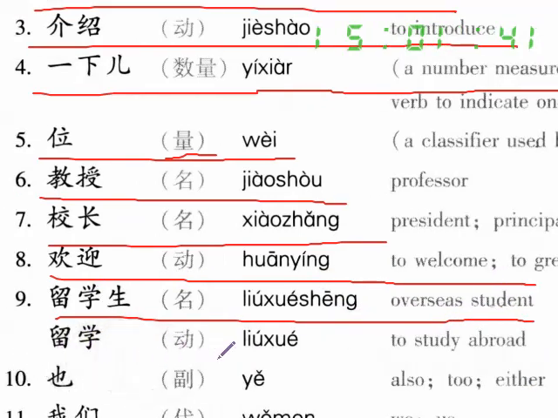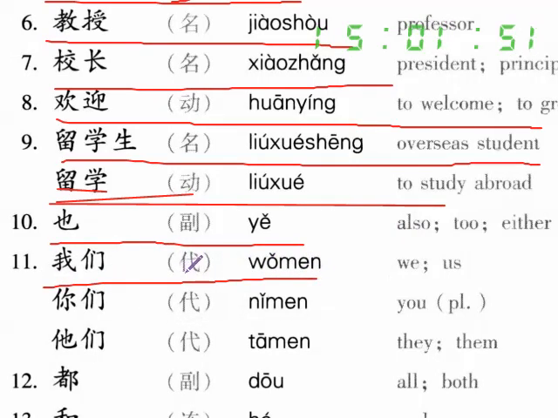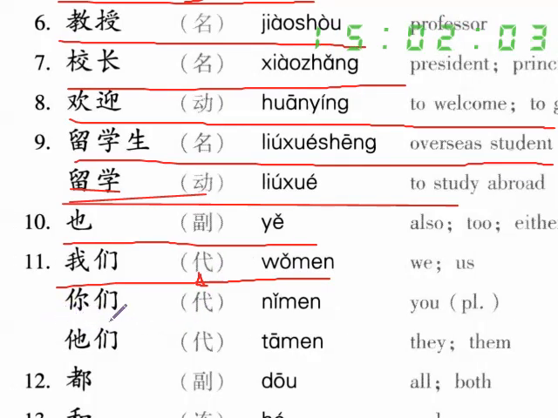Overseas student 留学生。我们 this is called 代词, you know it's pronoun for people. But here there in Chinese also called 代词 but that is called 指示代词 for place for direction.